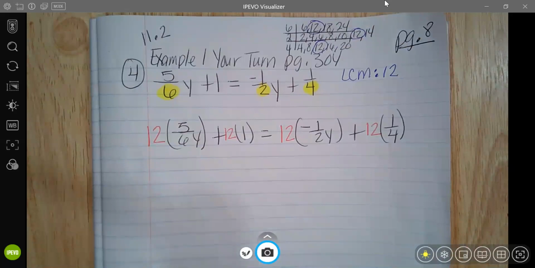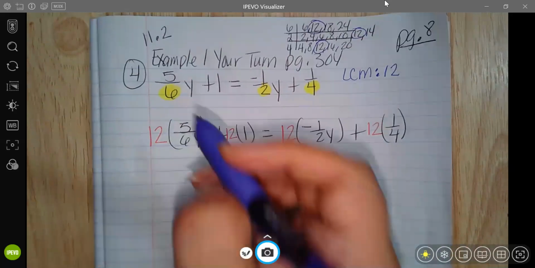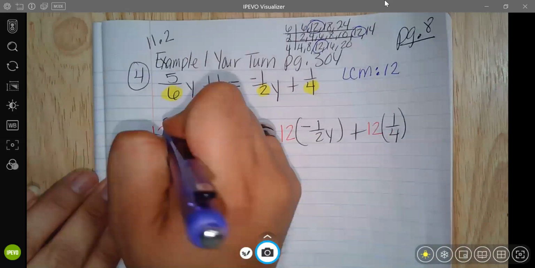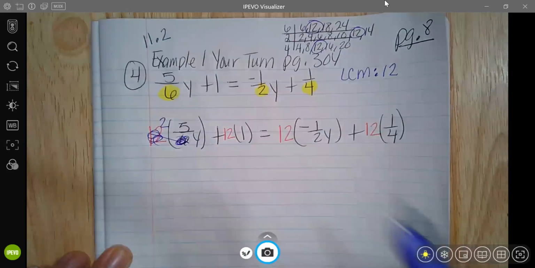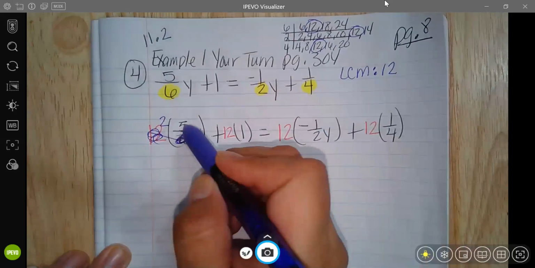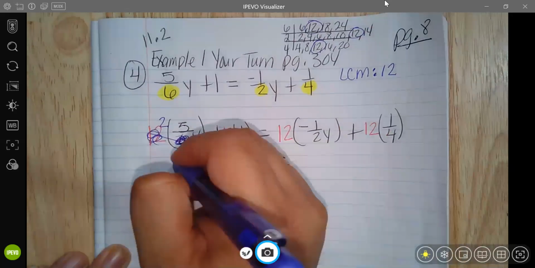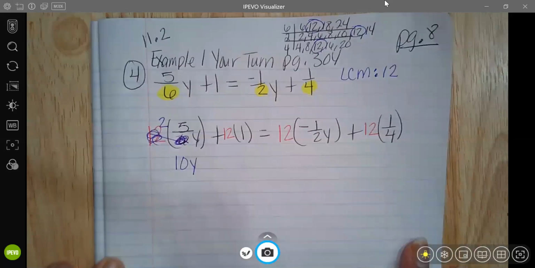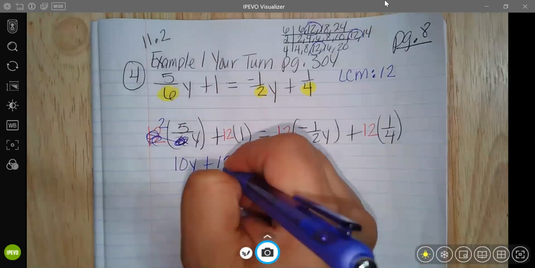Okay, 12 divided by 6 gives us 2. So now that's gone. 2 times 5 is 10, and there's our variable. So this becomes 10y. Okay, 12 times 1 is 12.